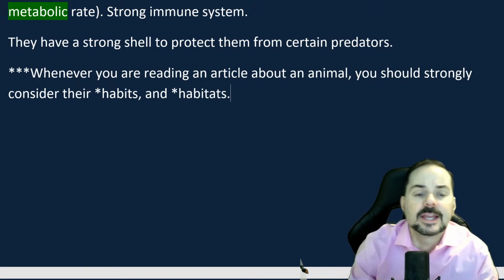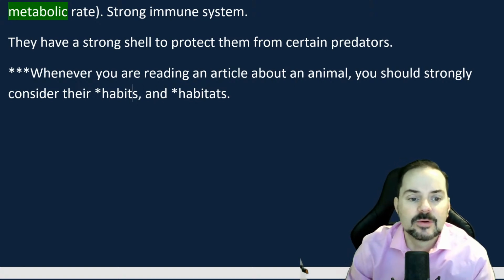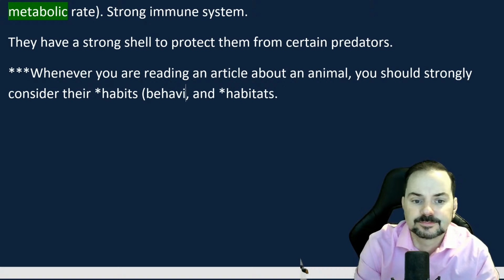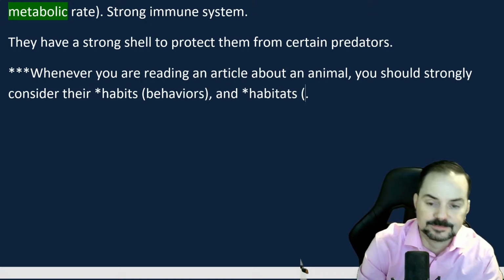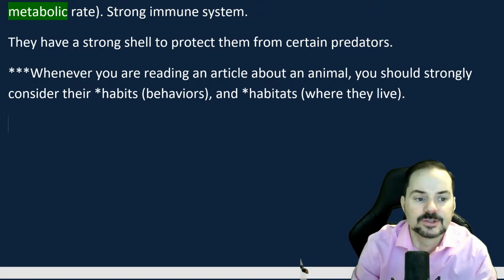Okay? Again, when you're seeing new words, viewers, write them down. The goal here is learning, right? So habits are their behaviors, their regular behaviors. And their habitats are where they live. Right? Those are good words to know.